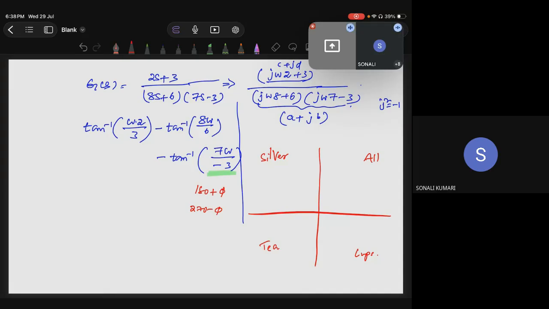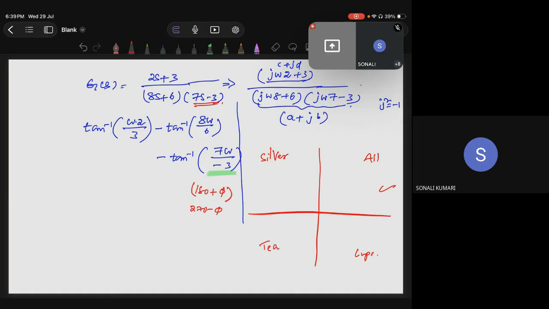Okay. If you get positive, there is no issue, so all are in the first quadrant. If you get negative, you have to check when tan will become negative, and substitute that, not just pi. You'll get this case when you have minus here. If you have plus, there is no issue.